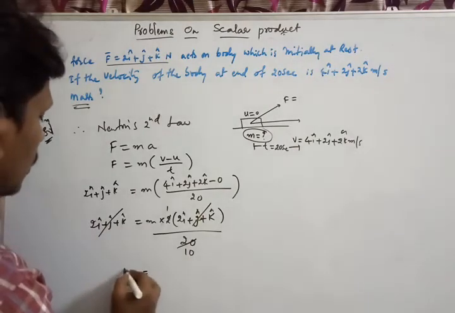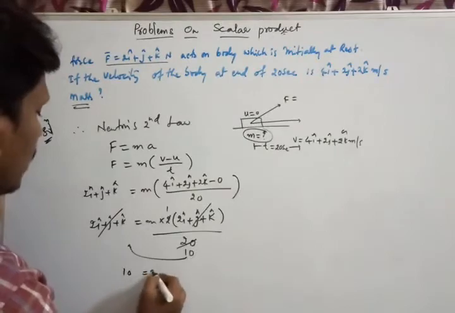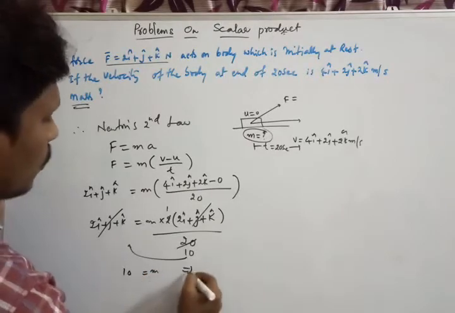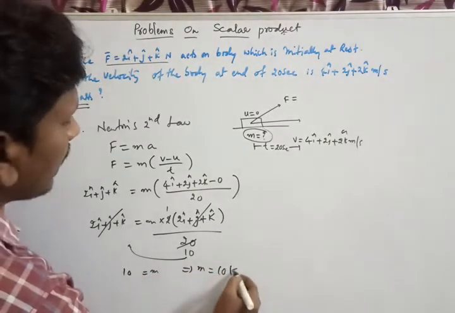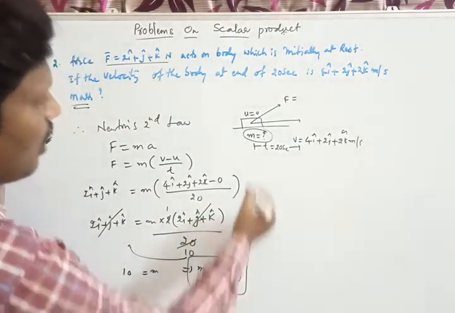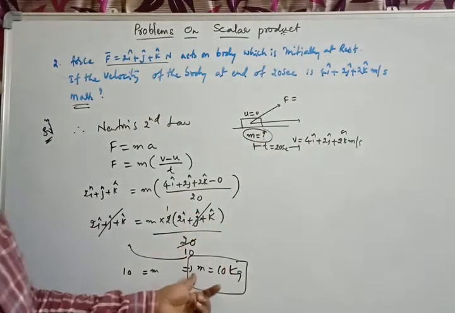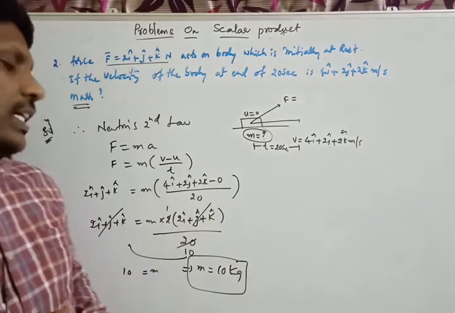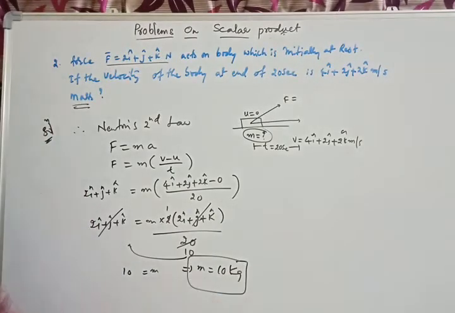Now this 10 comes to this side. So m is equal to 10 kg. The mass of the body is 10 kg, because mass is measured in kg. So this is the answer for the second question.